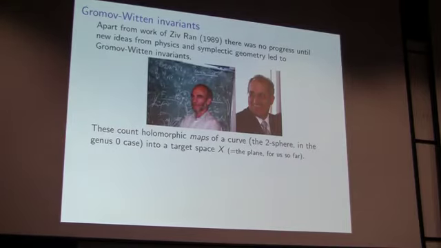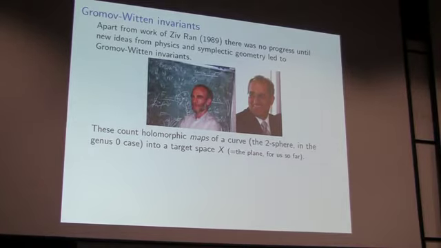And then the situation completely changed in the 90s with new ideas coming from symplectic geometry and physics. So these are Gromov-Witten invariants. The point of view completely changed.